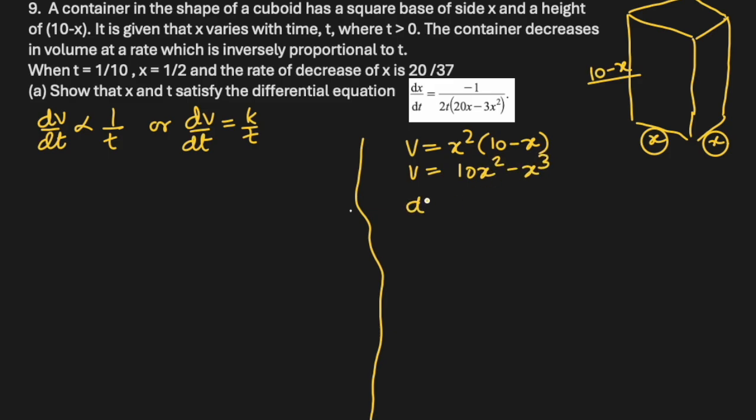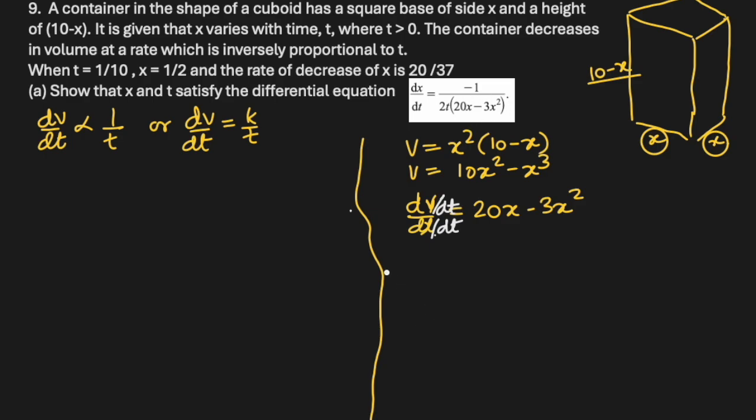Now if volume changes with respect to x, we'll differentiate with respect to x, it will be 20x minus 3x squared. However, time is another parameter here and that we don't have here. So what will we do? We'll divide this by dt and divide this by dt. That makes it with reference to time also. So dV over dt over dx over dt is this. And it is matching here.